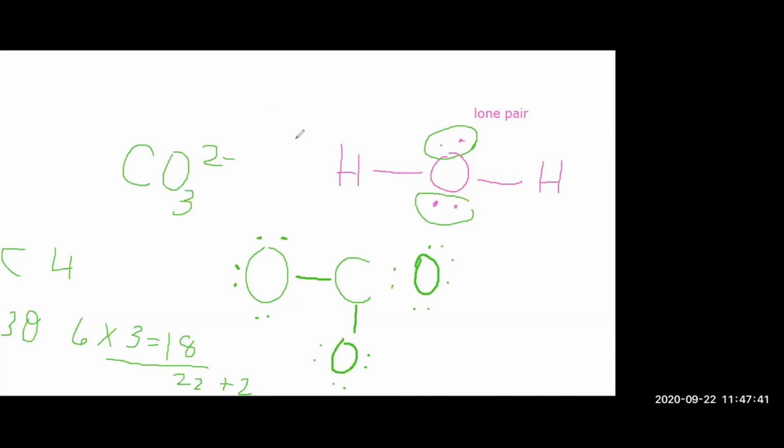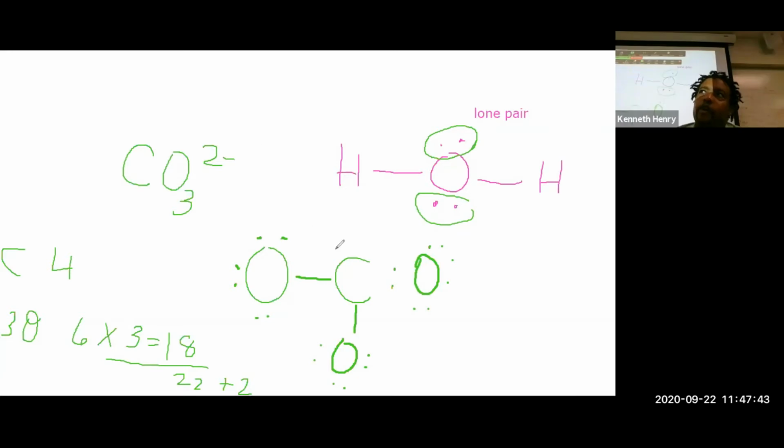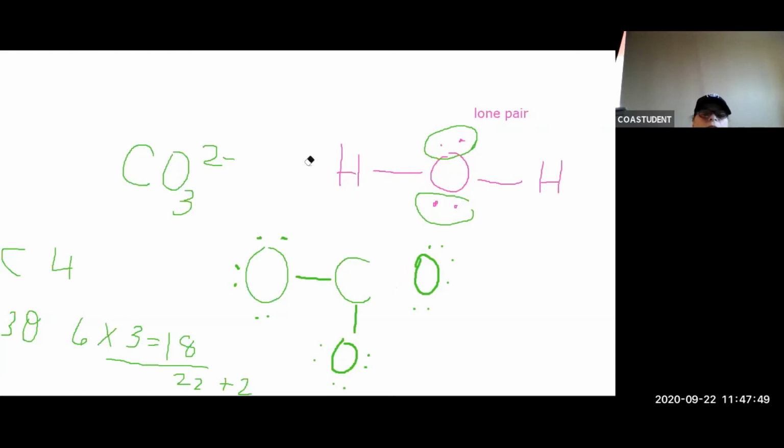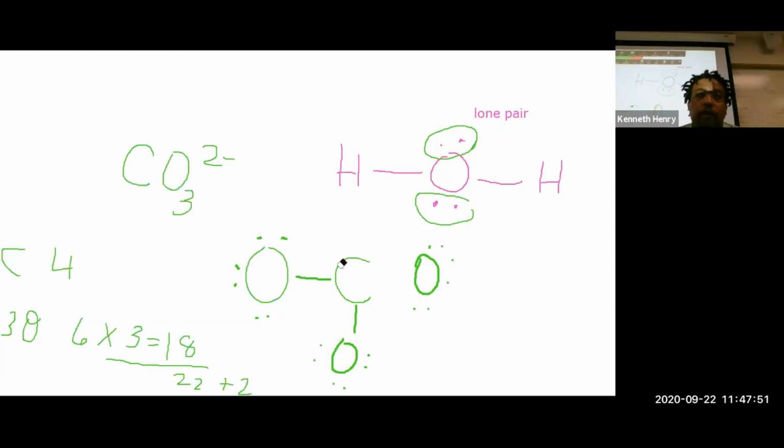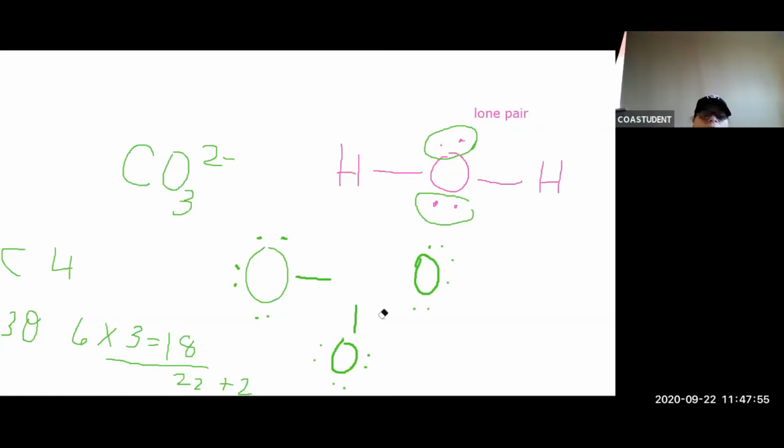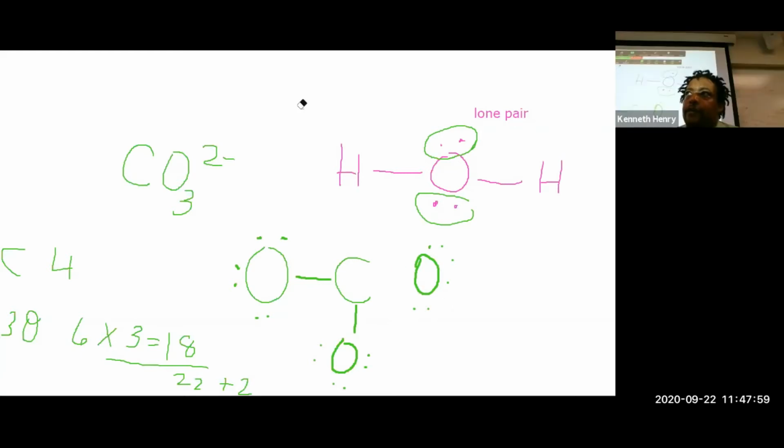And then here, if I have a single bond, I'd only have 6 around carbon, sharing these electrons. I'm going to need 2 more, so we're going to have to borrow 2 more from down here. Good job, Lorraine, by the way.